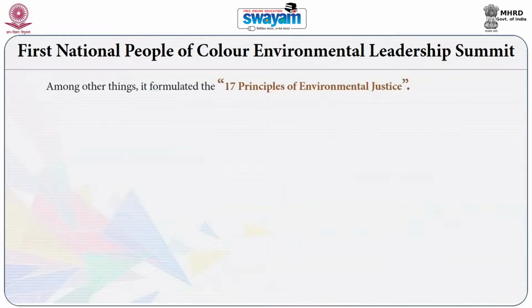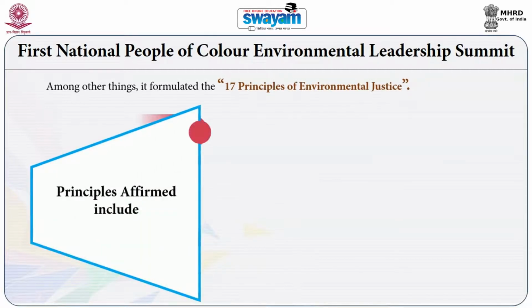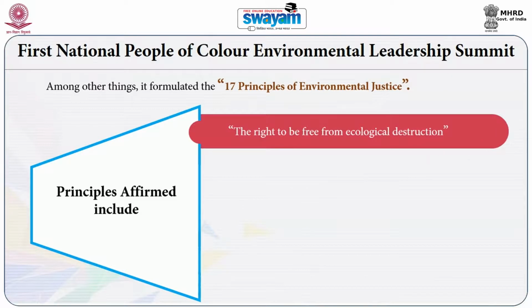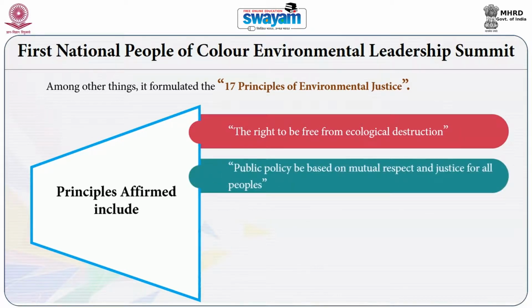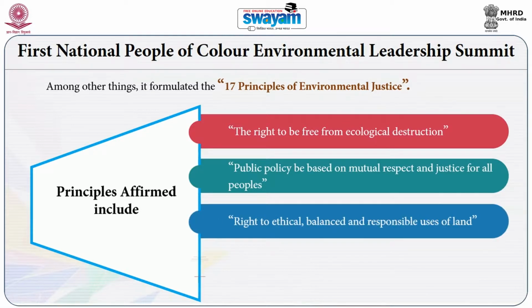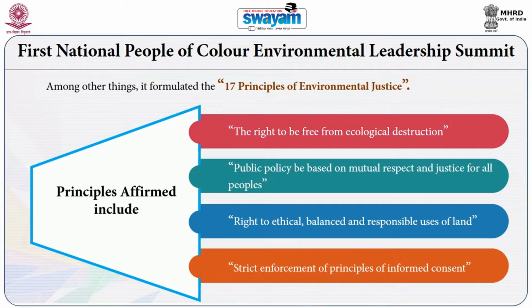Very importantly, there were a number of things that the conference came up with, but very, very importantly, it formulated the 17 principles of environmental justice. The principles affirm several things, including the right to be free from ecological destruction, public policy based on mutual respect and justice for all peoples, the right to ethical, balanced and responsible uses of land, strict enforcement of principles of informed consent.